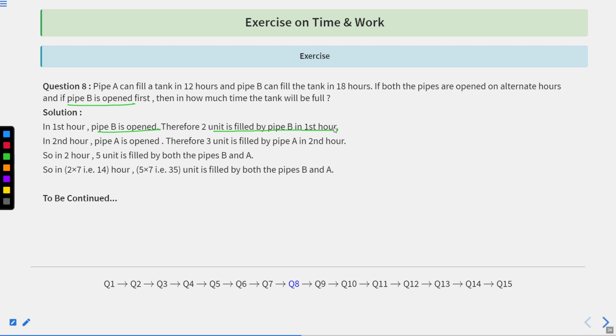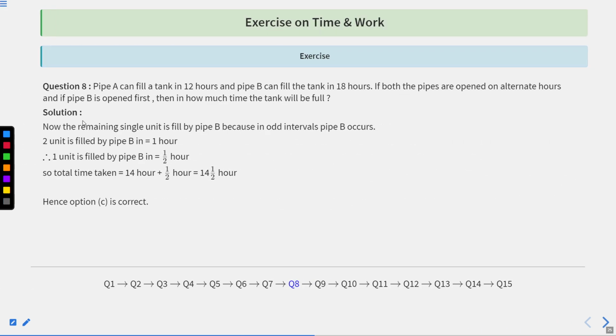In the second hour pipe A is opened and it contributes 3 units. So in 2 hours, 5 units are filled by both the pipes B and A. So in 14 hours, 35 units, that's 5 into 7, 35 units are filled by both the pipes A and B.